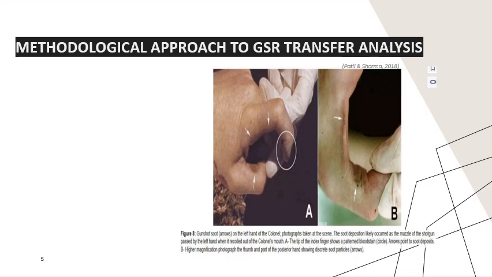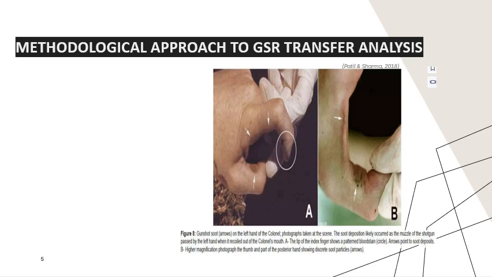So, the methodological approach to GSR transfer analysis. The diagram listed is from Patel and Sharma, and it shows gunshot soot where the arrows are in A, as well as in B, on the left hand of a person, taken at the crime scene.